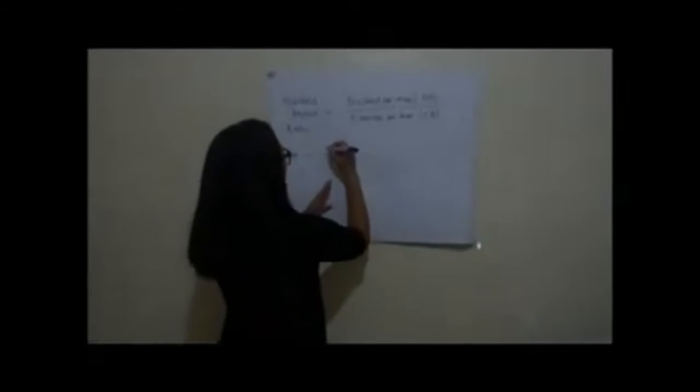So DPR is equivalent to, our dividend per share is equivalent to $1 and our earnings per share is equivalent to $2. So 1 divided by 2 is equivalent to 0.50.